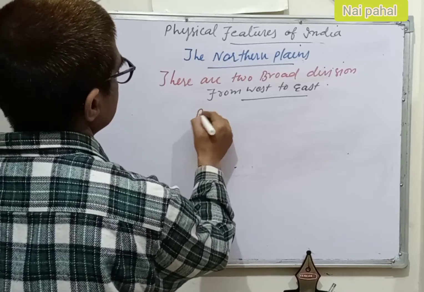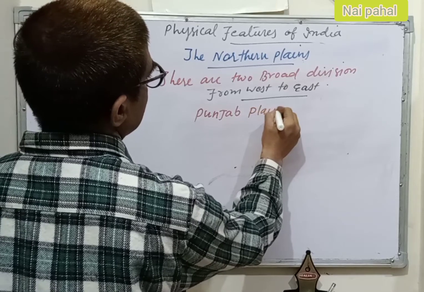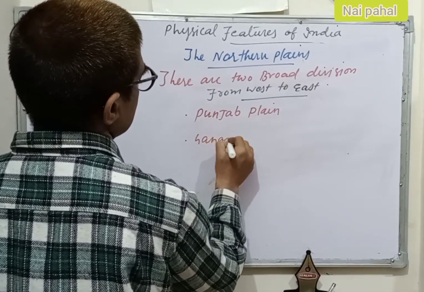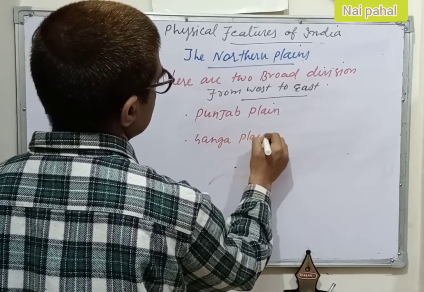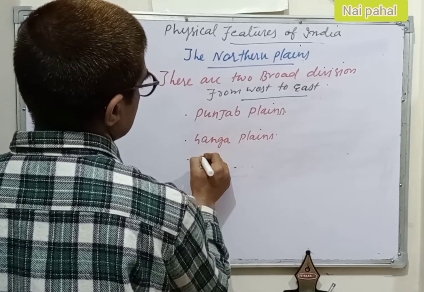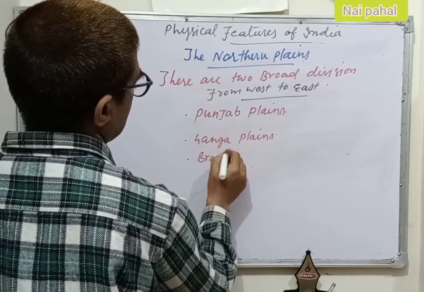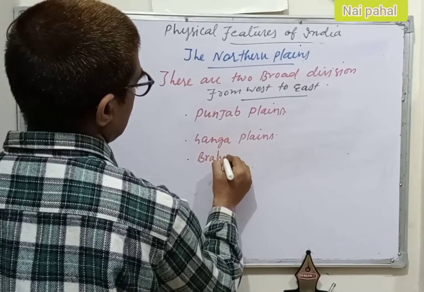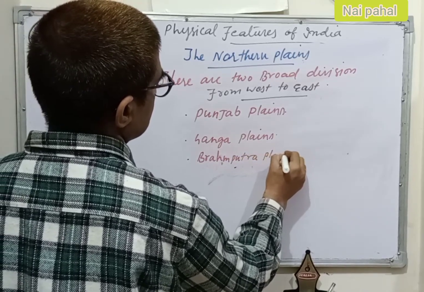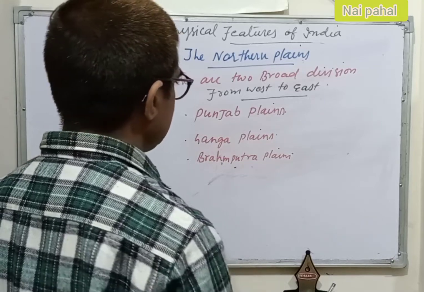One is the Punjab Plains, second is the Ganga Plains, and third is the Brahmaputra Plains. Okay? So let's see.